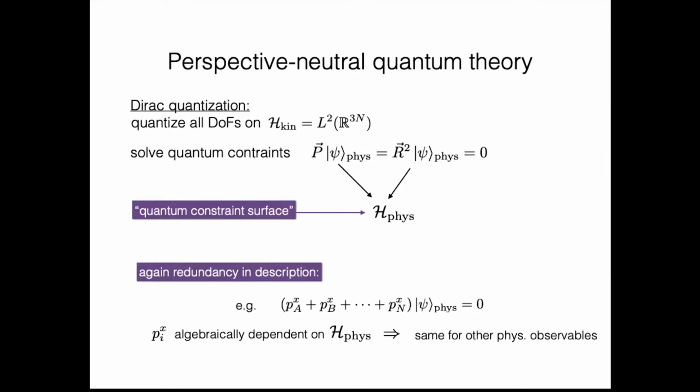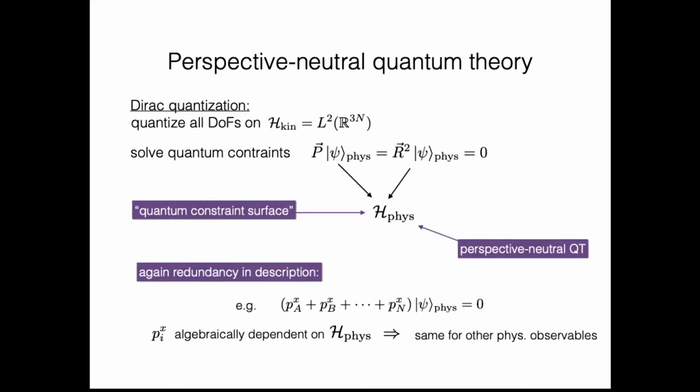And in fact, also in the description of the physical states, you get redundancy. You can write the same physical states in many different ways by writing them relative to different choices of coordinates. And that's roughly also why in the quantum theory we interpret the physical Hilbert space, or the quantum theory on it, including the observables, as being the perspective-neutral quantum theory, so the global quantum description prior to having chosen a quantum reference frame.